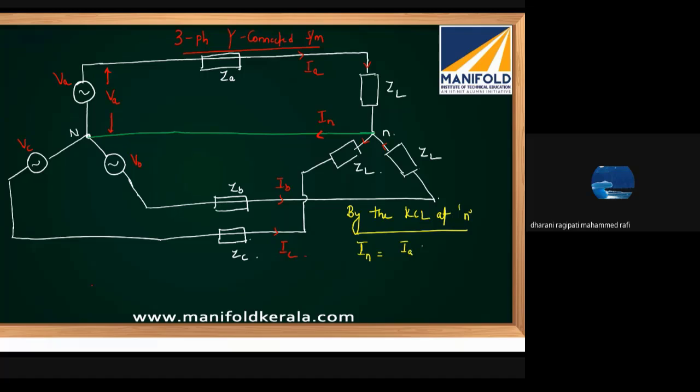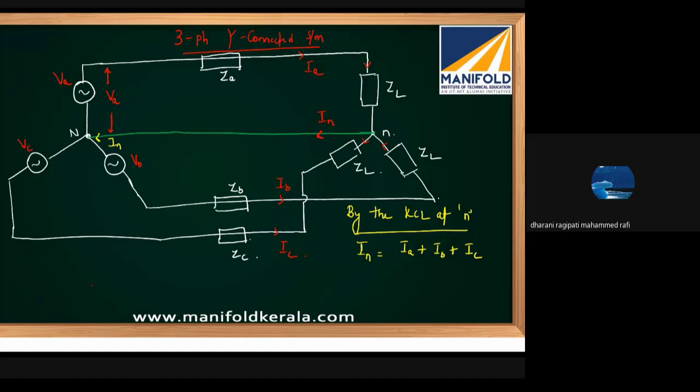That is IA plus IB plus IC. Similarly, the current entering at the source neutral is again the same IN, equal to IA plus IB plus IC. Either if you apply KCL at source neutral or load neutral, the relationship you're going to get is the same.